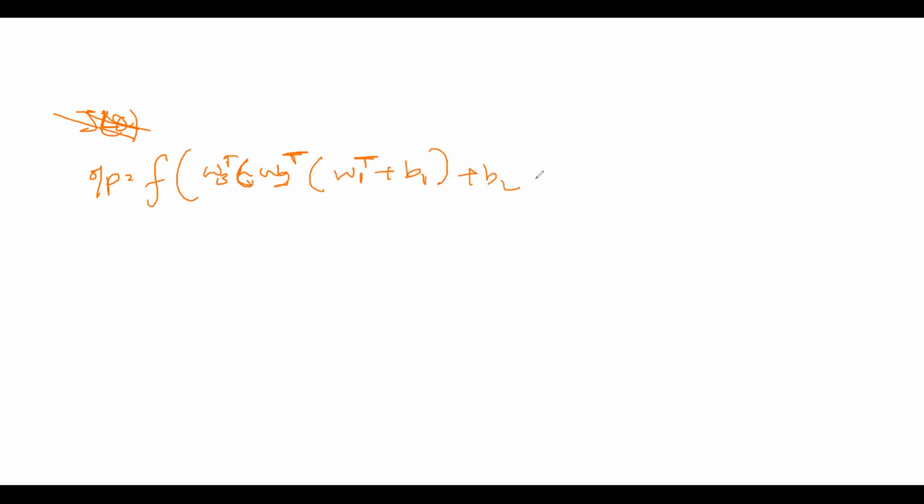So now my L, or my J of theta, how will my output look? F of W3T into W2T into W1T plus bias 1 plus bias 2 plus bias 3, right?